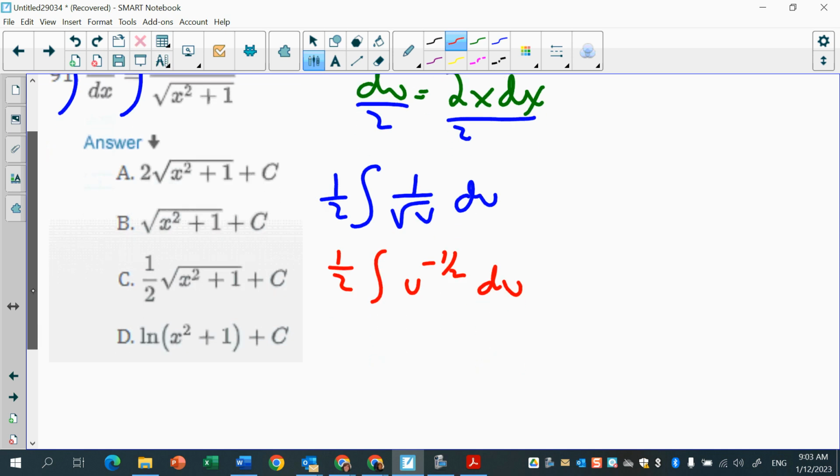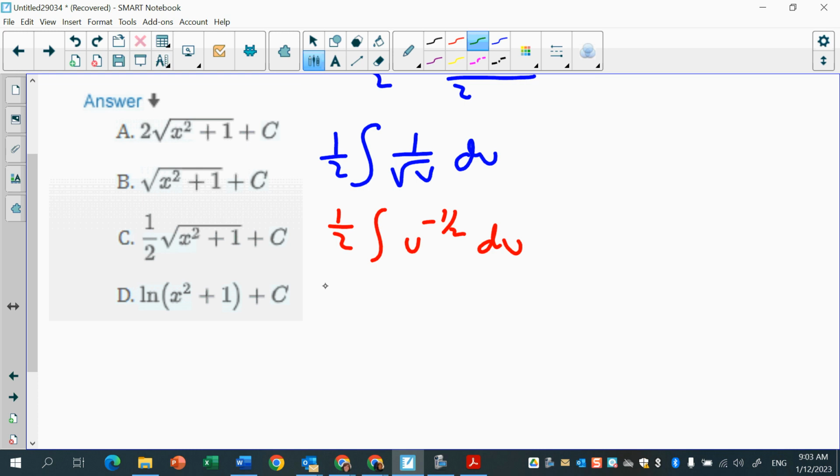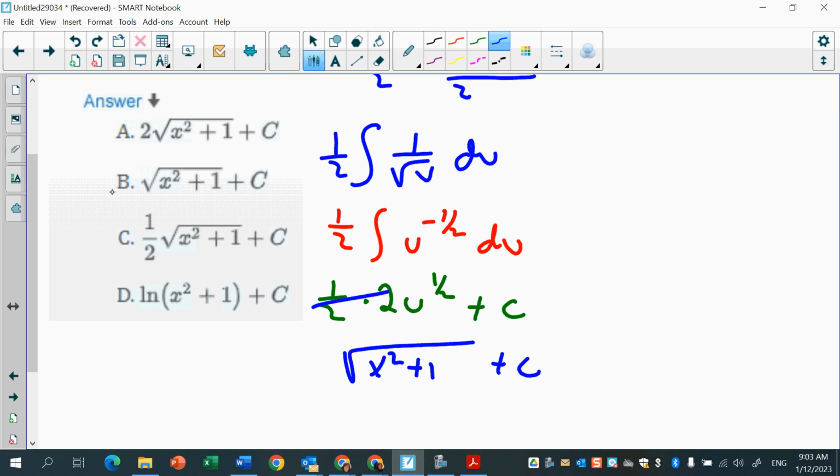When I integrate that, the 1/2 hangs out. This becomes u to the positive 1/2 times 2, because it's dividing by 1/2, plus c. These cancel out. I'm left with the square root of x squared plus 1 plus c.